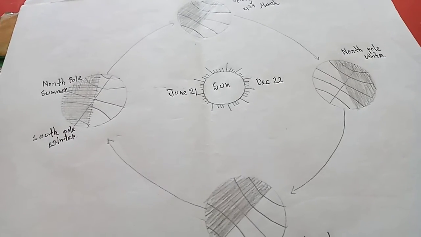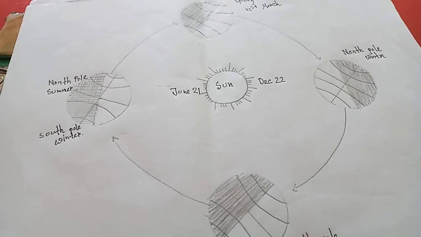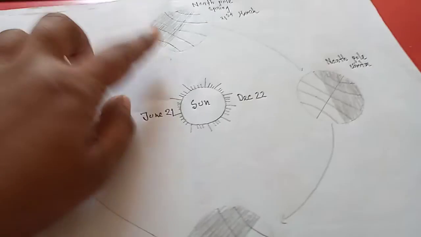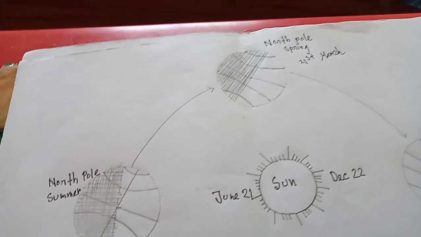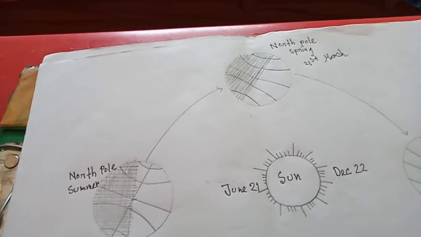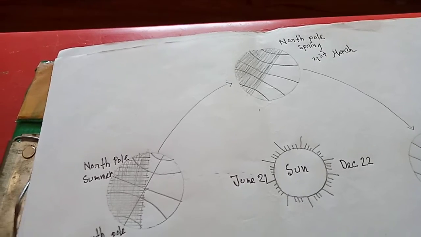Again on 21st March the Earth inclines facing the Sun. Then the night and the day become equal over the globe. This is why in our country the day and the night are equal.